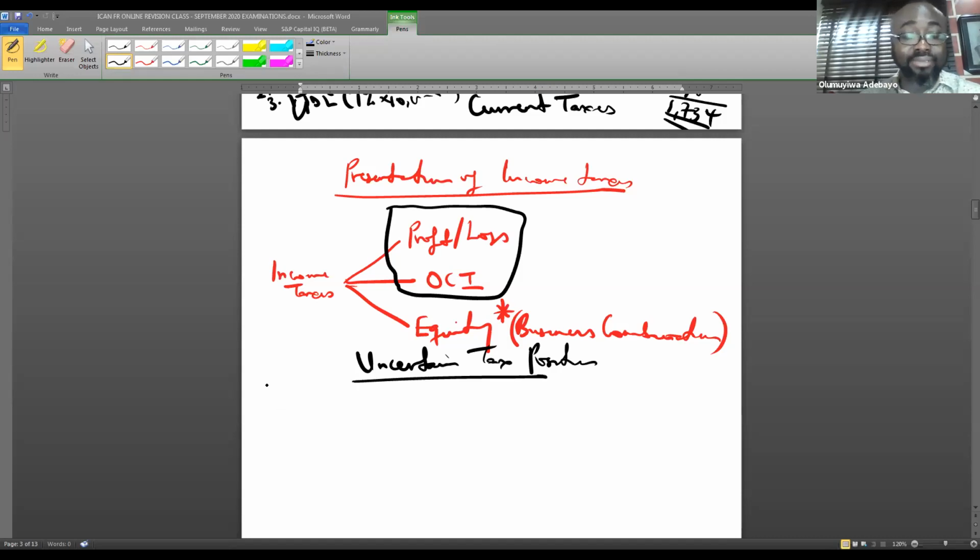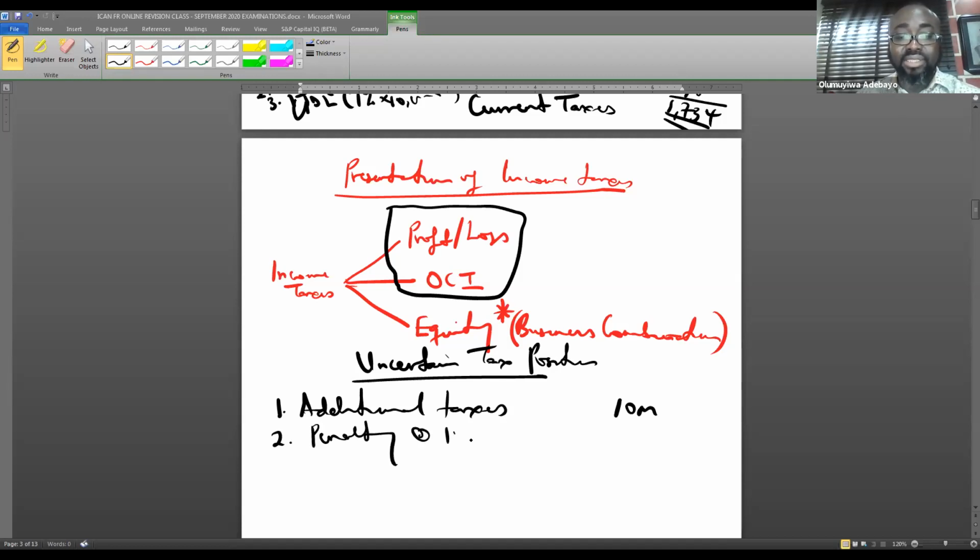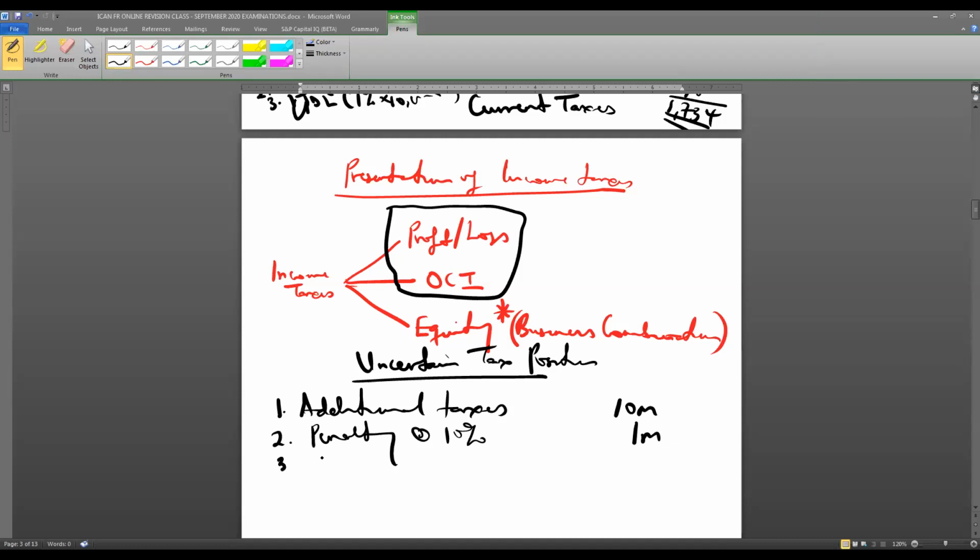Remember that when a tax authority carries out an examination or audit, and it results in additional taxes, let's say 10 million, they also add a penalty. In Nigeria, I think penalty is 10%, which means they add another 1 million. And interest.